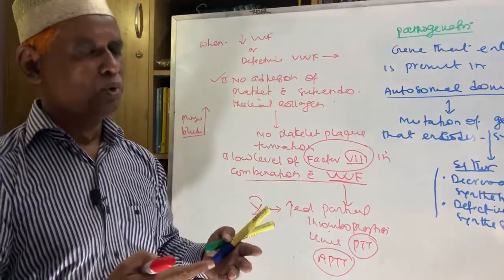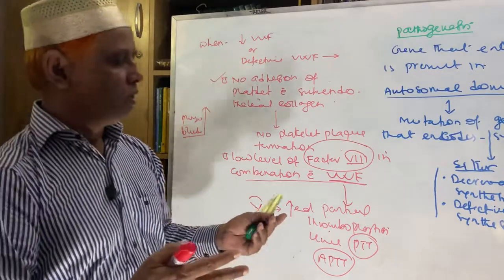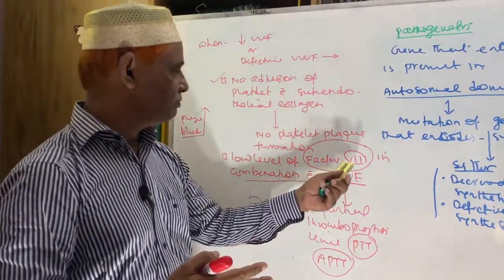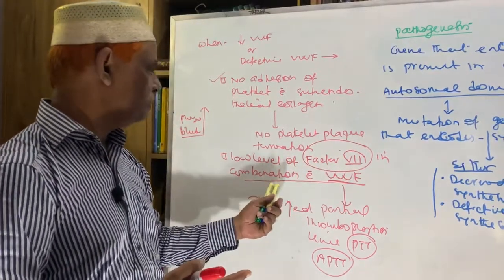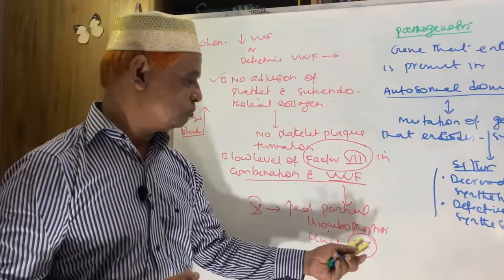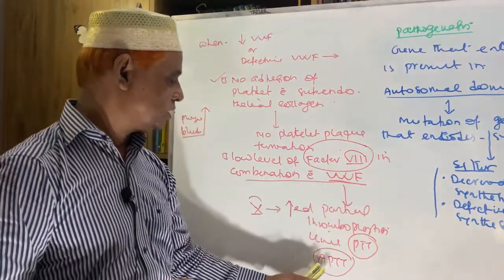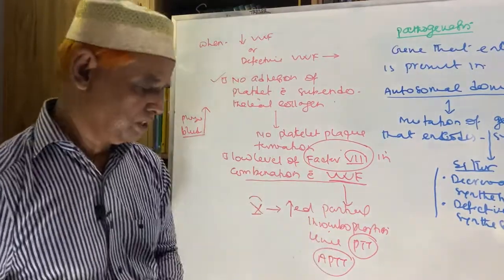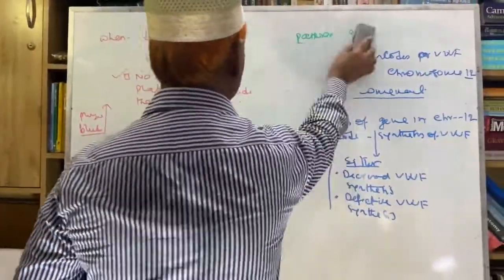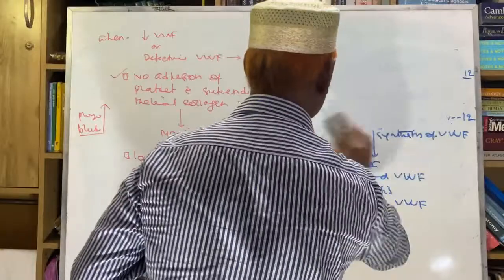And as there is no activation of coagulation cascade due to low level of factor 8 in combination with von Willebrand factor, there is increased partial thromboplastin time, that is increased activated partial thromboplastin time. This is the pathogenesis of von Willebrand disease.